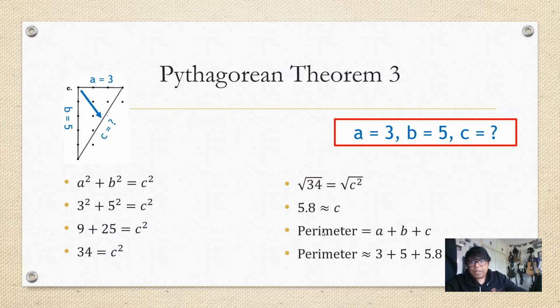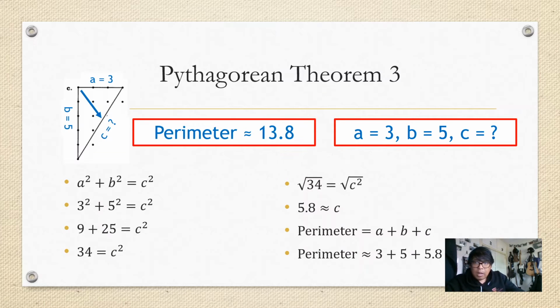Actually, you'll see that this is approximately equal to 3 plus 5 plus 5.8 because 5.8 is an approximation. So when I use it in a calculation, that calculation becomes an approximation as well. All this said, the perimeter is about 13.8. That's the end of our work.